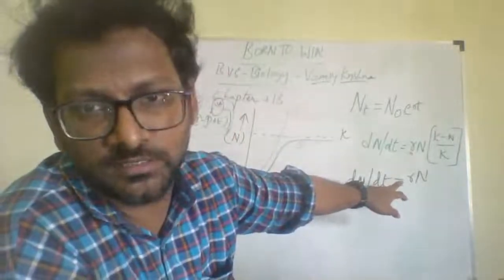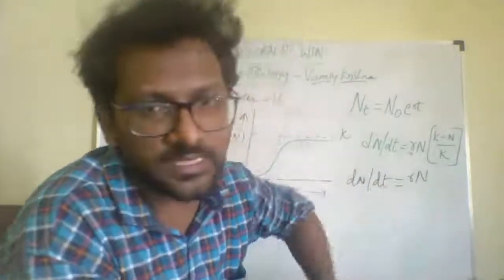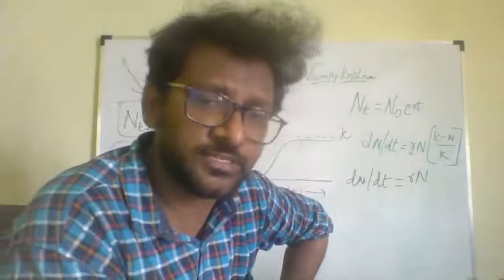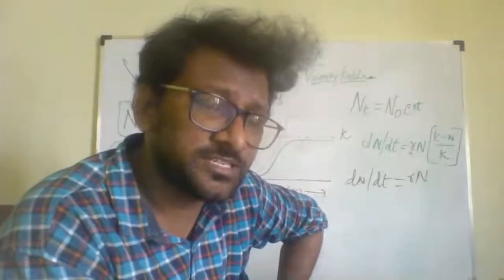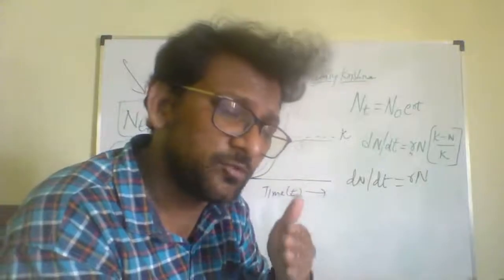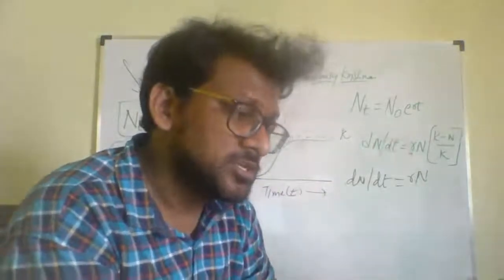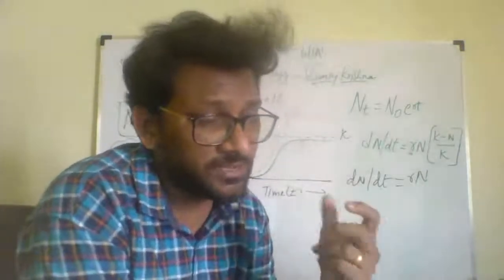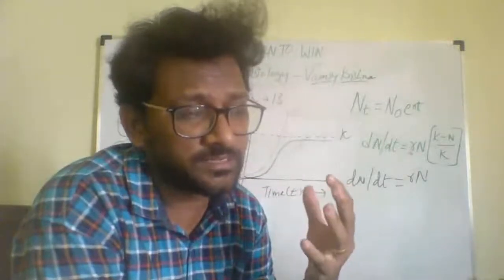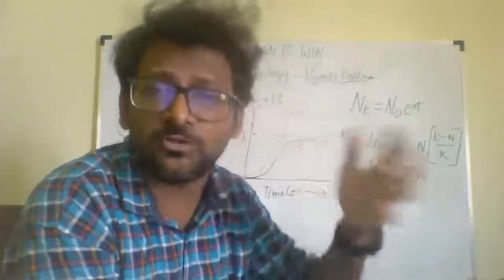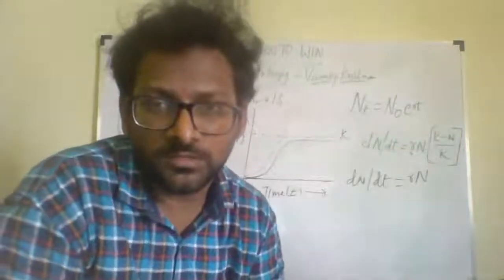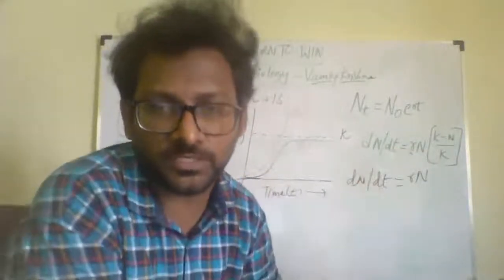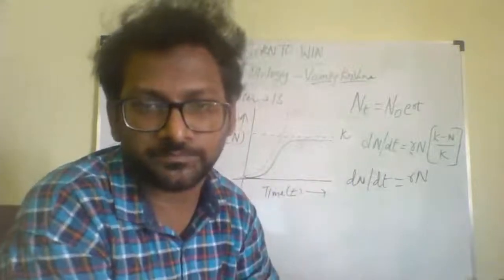And a constant, here we are talking about r as the intrinsic rate of natural increase, right? So this intrinsic rate of natural increase will differ from one species to another species. So if this r value is more, it means that they reproduce in more numbers. So that's how we need to remember, right?